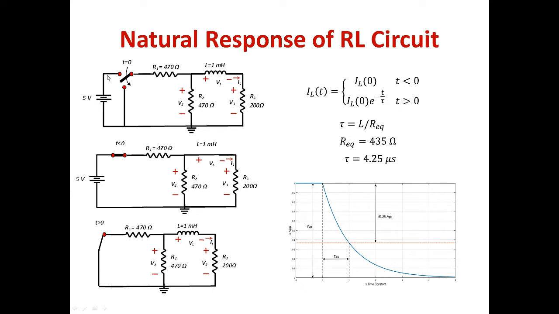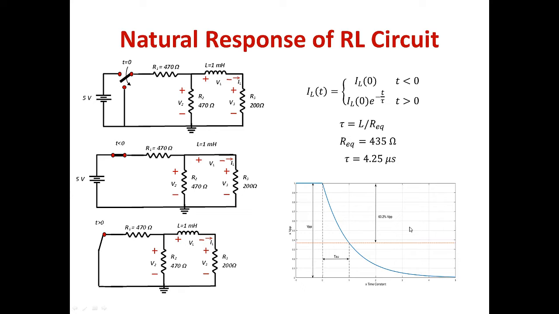A rectangular pulse voltage source will be used to simulate the switch, as long as the pulse width of the rectangular pulse is 5 times bigger than tau. Since tau is 4.25 microseconds, we can use a rectangular pulse 5 times bigger than that.